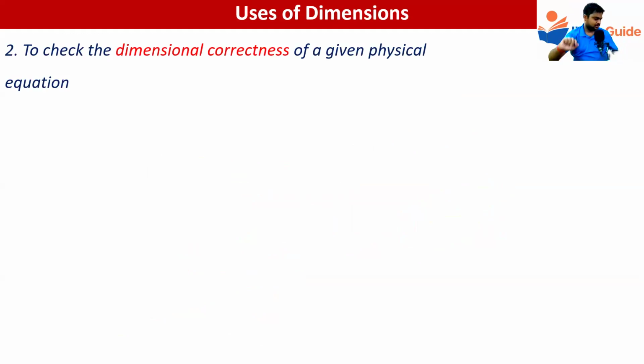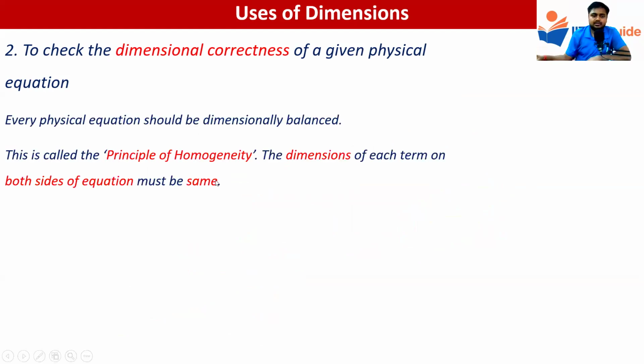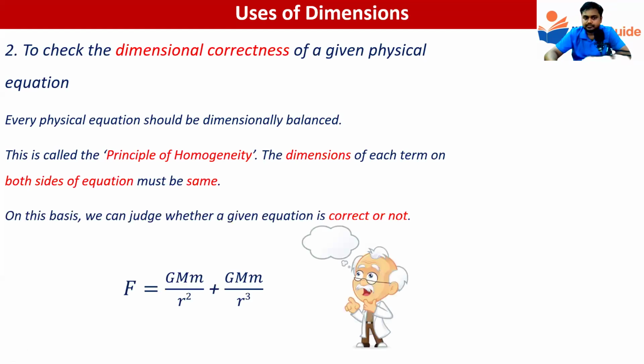Okay, we proceed here. To check the dimensional correctness of the given physical equation. So now this also is a usage of dimension. So they are telling that every physical equation should be dimensionally balanced, and that's known as the principle of homogeneity.